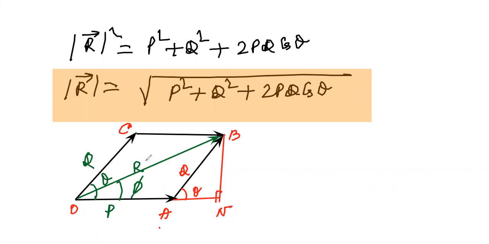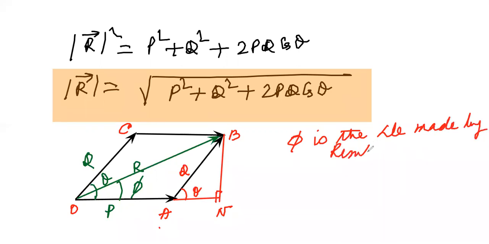Now, what is the angle made by the resultant? So let me take phi as the angle made by the resultant with the P vector. Angle made by the resultant, that is the R vector, with the P vector. Phi is the angle. So what can I say?